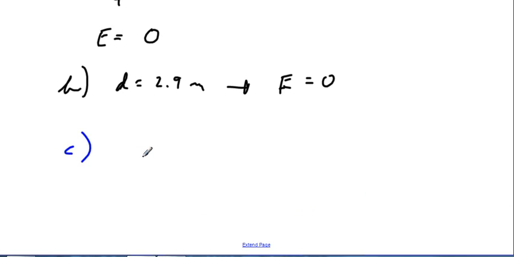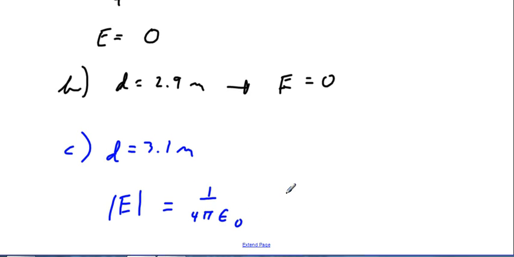For C, I'm going to be 3.1 meters away, and we find that we have an equation now: E is going to equal 1/4 pi epsilon naught Q over R squared.